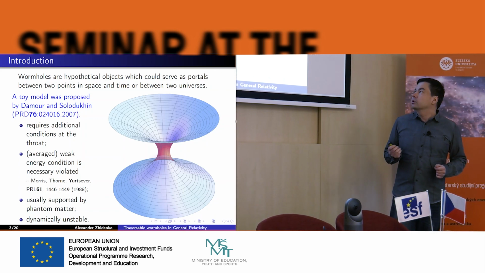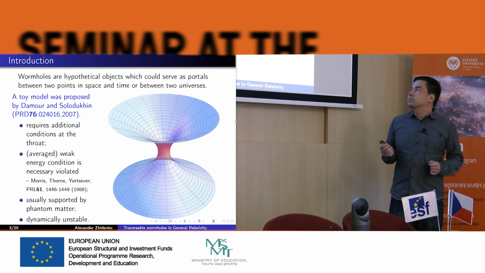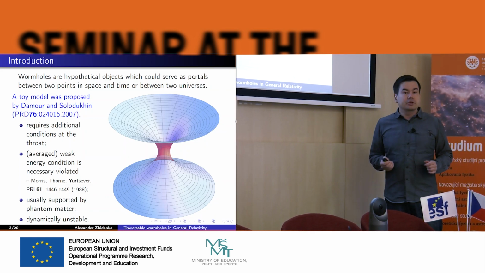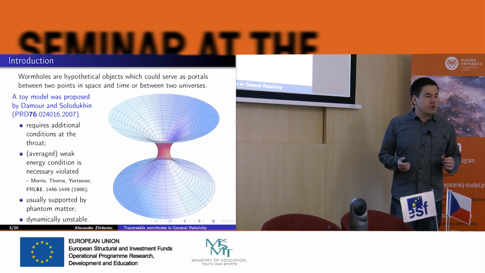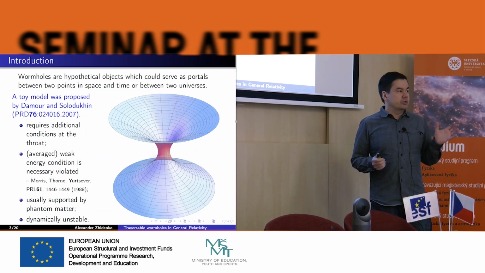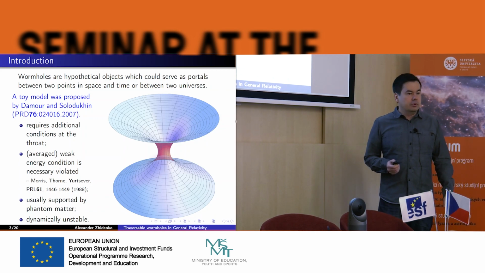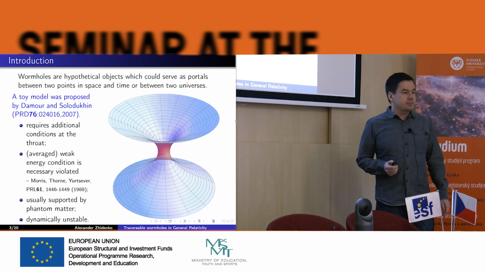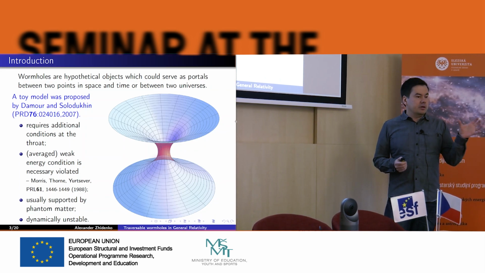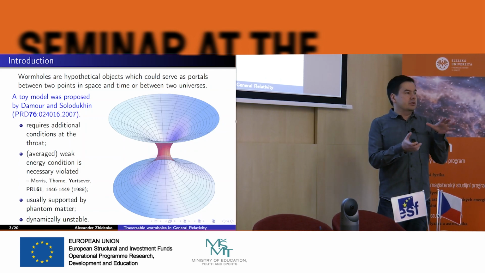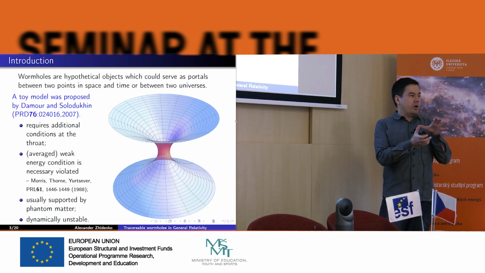The simplest model, spherically symmetric, which was proposed by Damour and Solodukhin, is just a Schwarzschild geometry, which is asymptotically simply a geometry of spherically symmetric mass. And we cut the central part, the sphere, and glue the resulting space-time with another part.